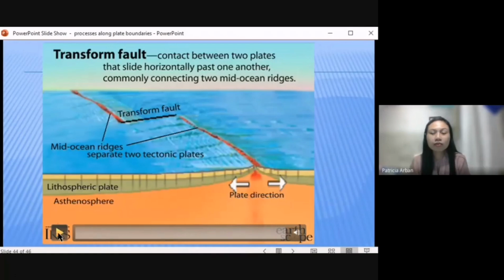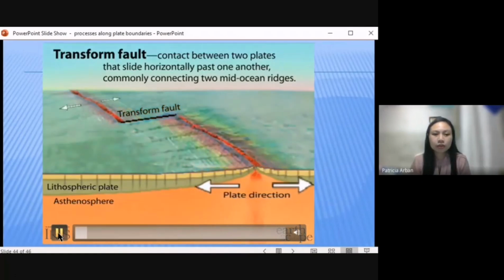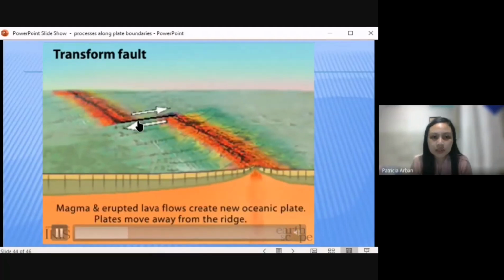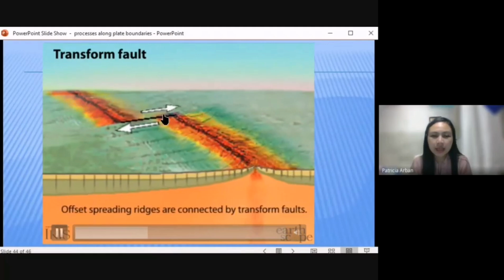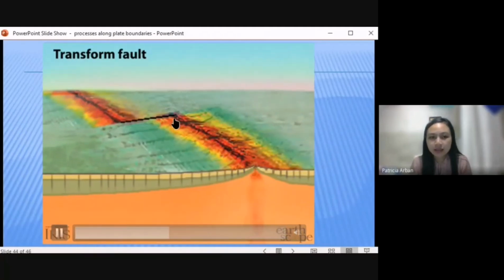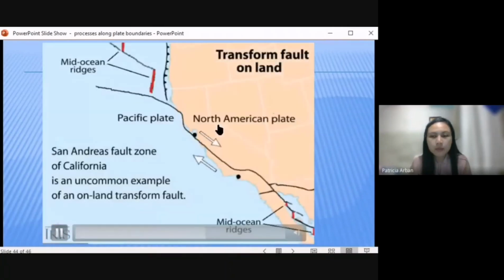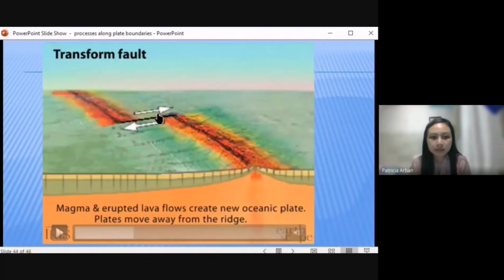So I have here a video. As you can see, this is the sliding. Sliding past. And when does it slide? When two plates diverge or move away. It slides in this part as the two plates are moving away from each other.